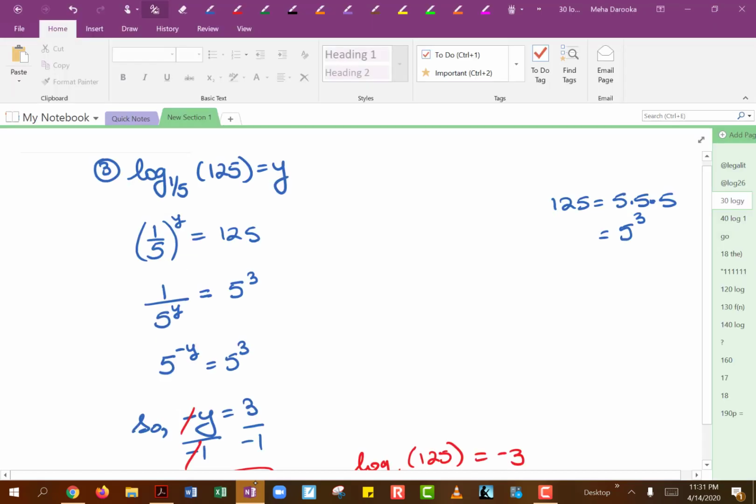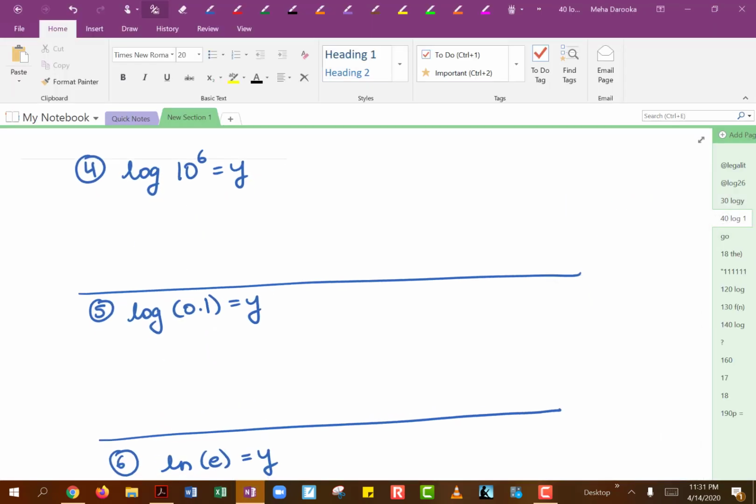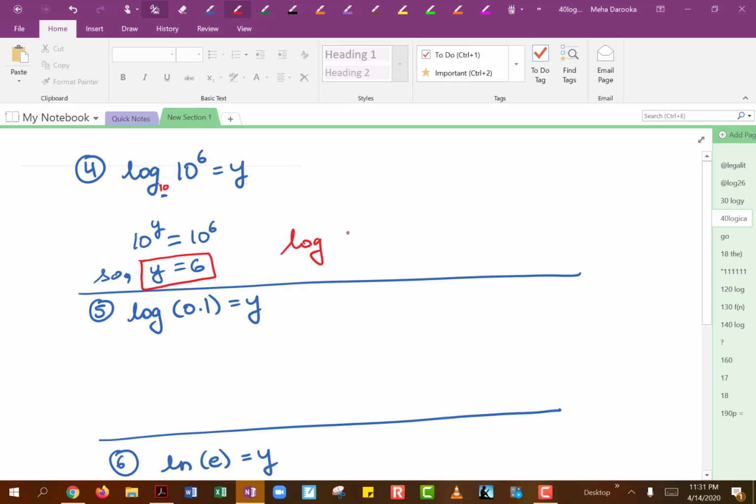Since we have the same base 10 on both sides, we can say y equals 6, and you end up getting your answer. Log of 10 to the 6th is going to equal the number 6.